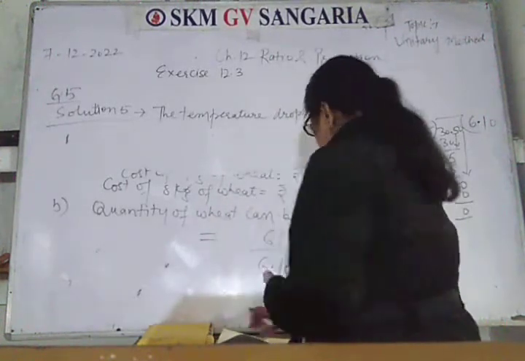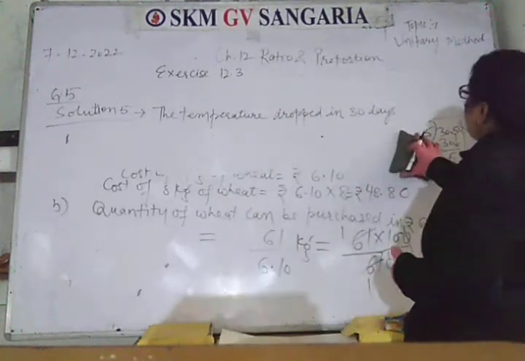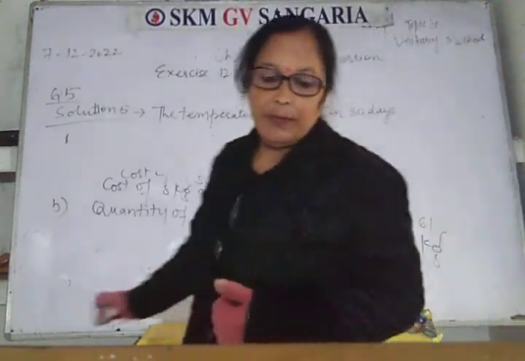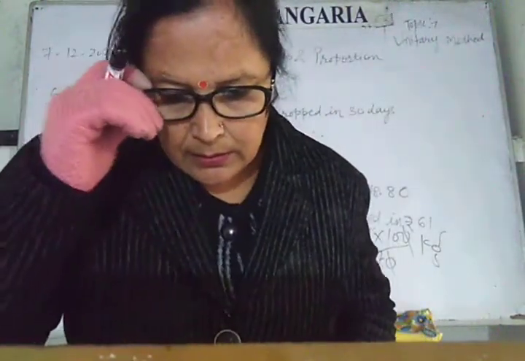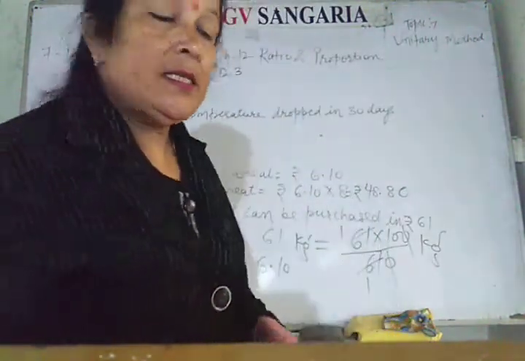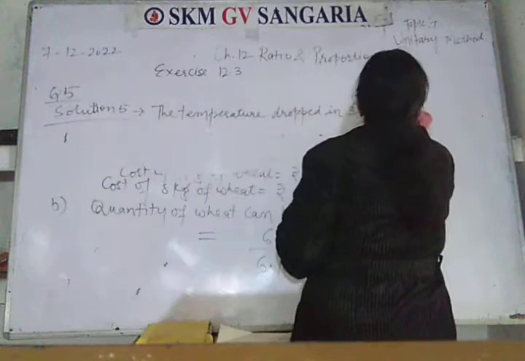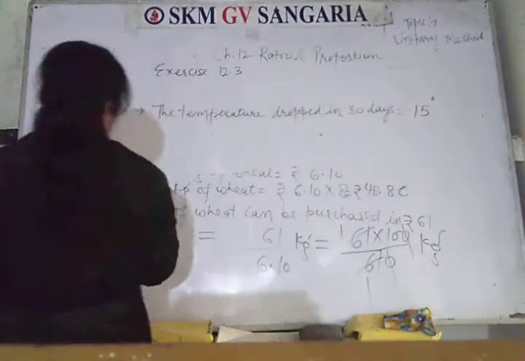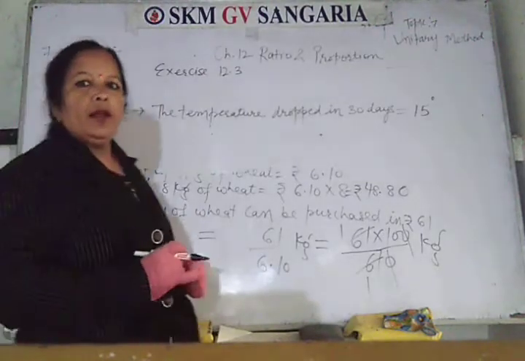How much? The temperature dropped in 30 days is 15 degrees. The degree sign is a symbol, a negligibly small circle. This is the symbol for degrees.